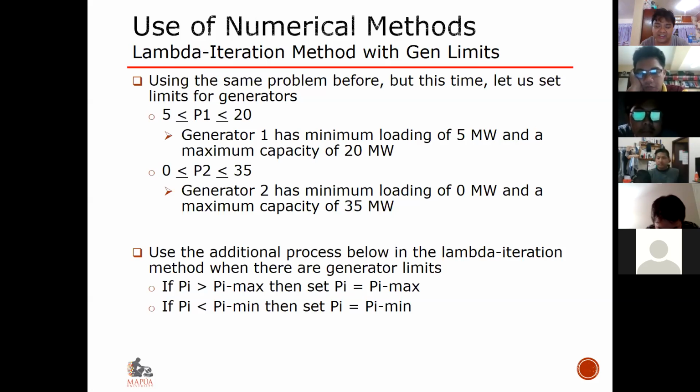Pagka tumatakbo ang sasakyan, di ba meron niyang parang speed na dapat tumatakbo siya. Kunwari, hindi mo naman pwedeng patakbuhin yung sasakyan mo ng 80 kilometers per hour kung nasa first gear ka pa lang. Okay? Pero syempre, pag automatic yung sasakyan mo, ibang usapan naman yun. Pero pag manual, hindi mo pwedeng gawin yun.